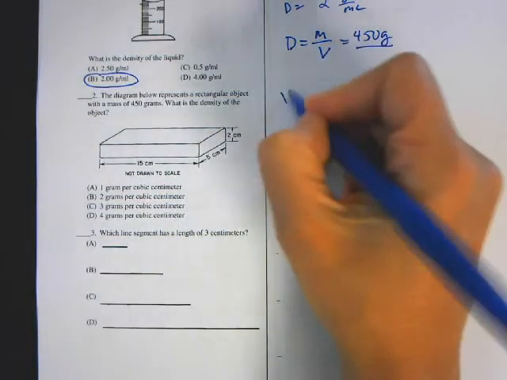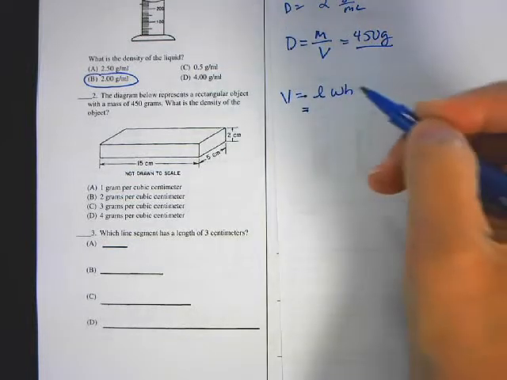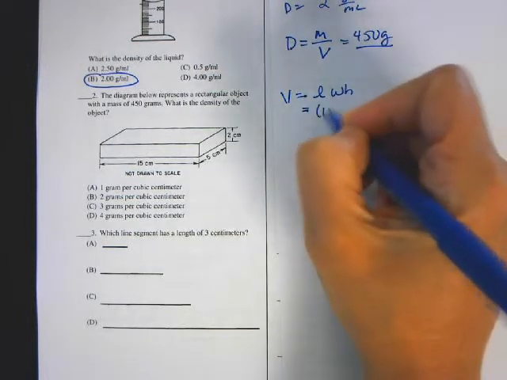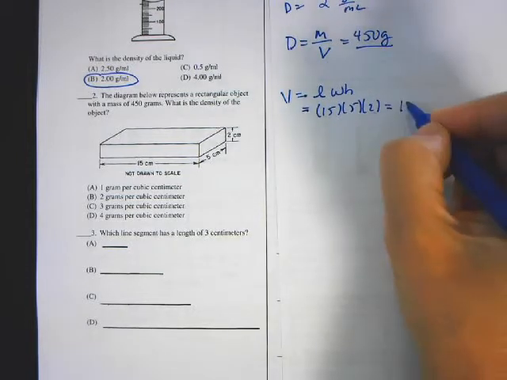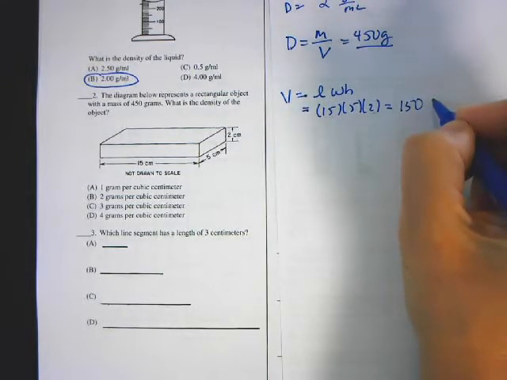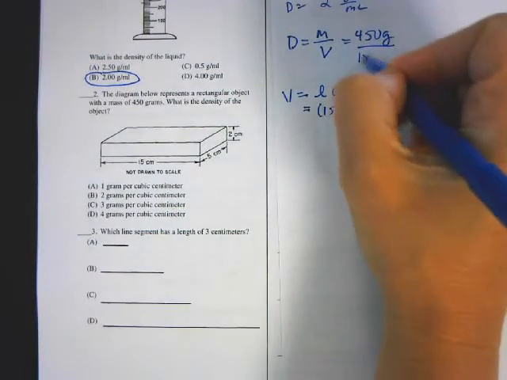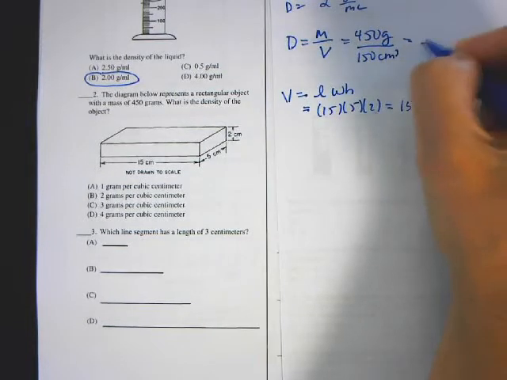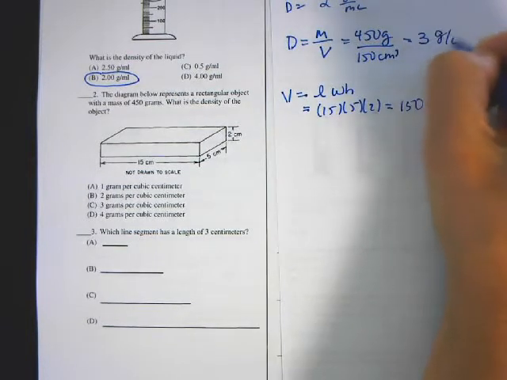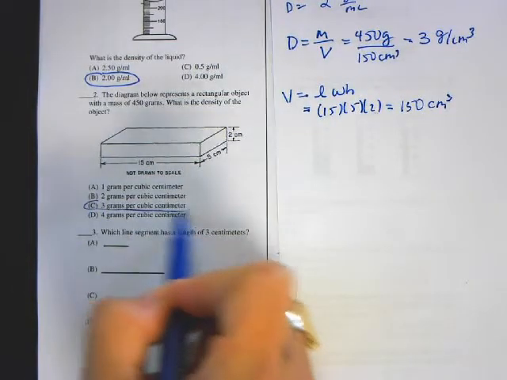I know that volume is equal to length times width times height, and again, we did this in our density lab as well. So this is 15 times 5 times 2, and when we do that on our calculator, it comes out to be 150 centimeters cubed. So then I put 150 centimeters cubed here, and 450 divided by 150 is equal to 3 grams per centimeter cubed, which is answer C.